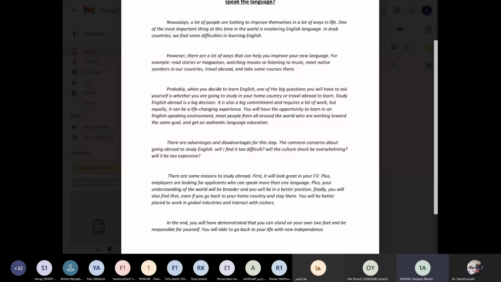But then in the last paragraph, she's convincing people to study abroad. So it's a bit confusing. Confusing and contradictory, right? Yes. But it's a really good essay. Okay. Thank you, Amjad.